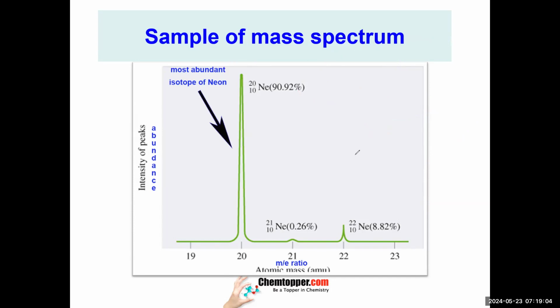So the average atomic mass will be closer to... Yeah, check in the periodic table. What's the atomic mass of neon? 20 point something, right?